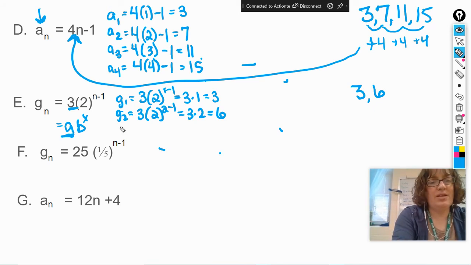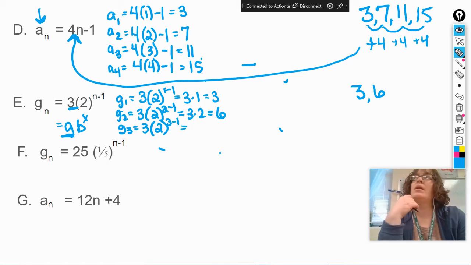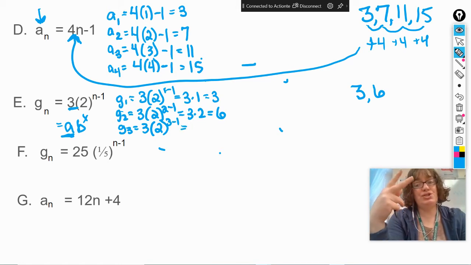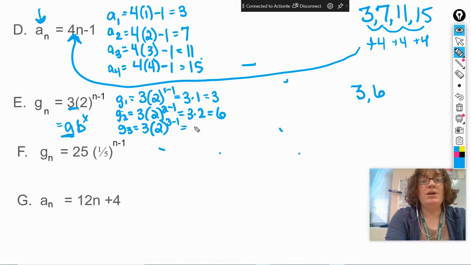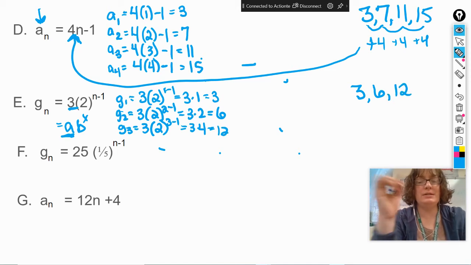All right, let's try the third term. g sub 3 would be 3 times 2 to the 3 minus 1 power. 3 minus 1 is 2. 2 to the second power is 4. So now I have 3 times 4, which is 12. My third term is a 12.